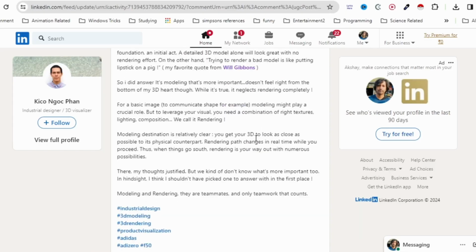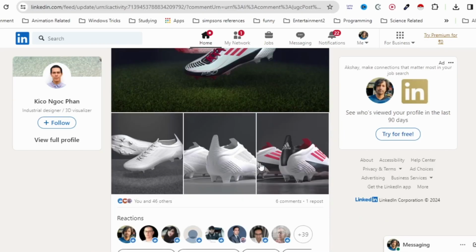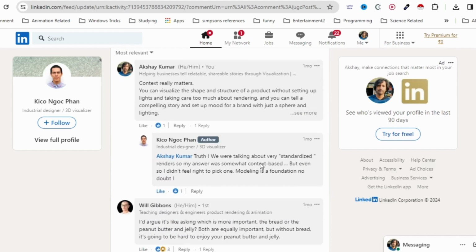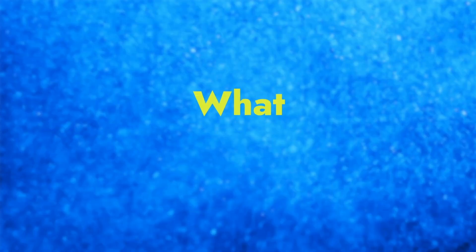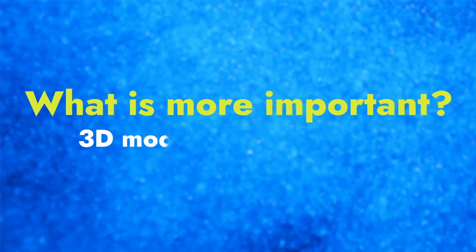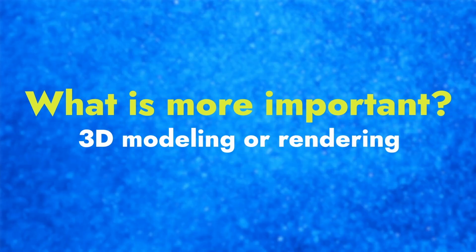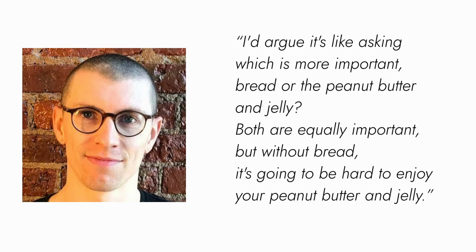We were actually discussing it in a LinkedIn post by Kiko Fan along with Will Gibbons, about what is more important, 3D modeling or 3D rendering? I like Will Gibbons' reply in this. I'd argue it is like asking which is more important, the bread or the peanut butter and jelly.